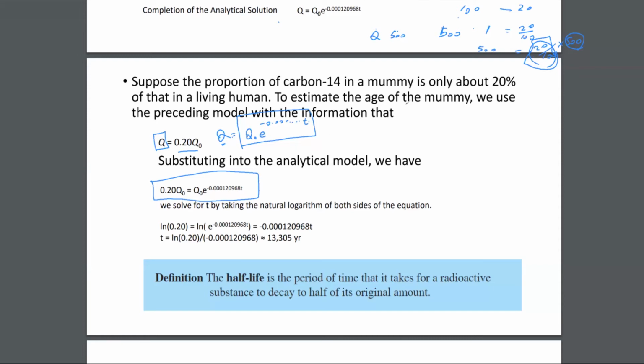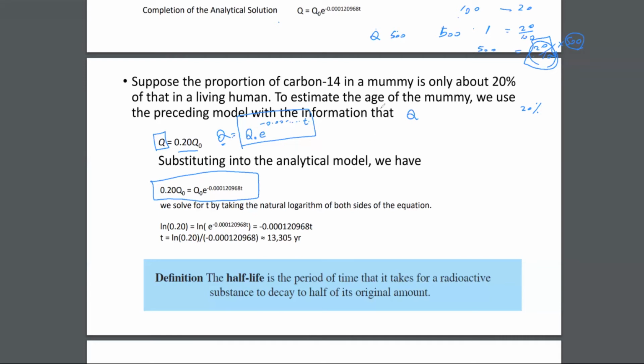Again, let me repeat this, right? Let's say you have a quantity, you're supposed to have Q, right? This is what you're supposed to have, but now it says I have 20%, right? The 20% of the living human. So that means you have only 20% of the living human right now.